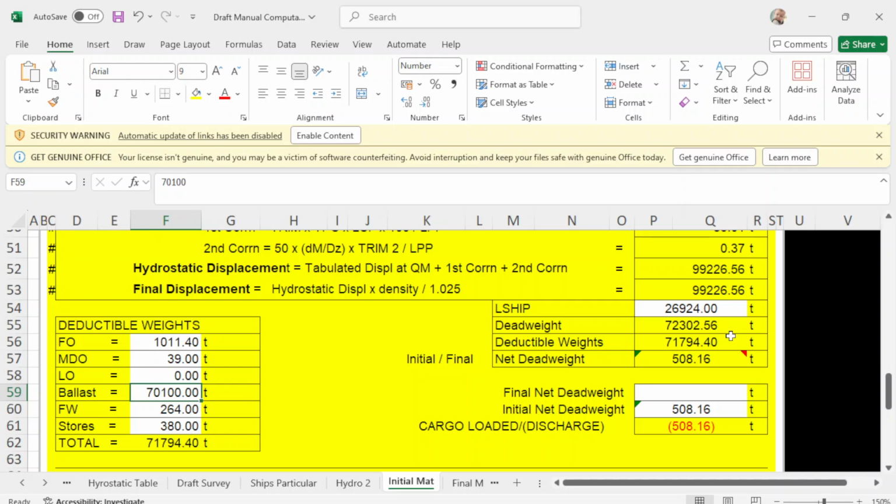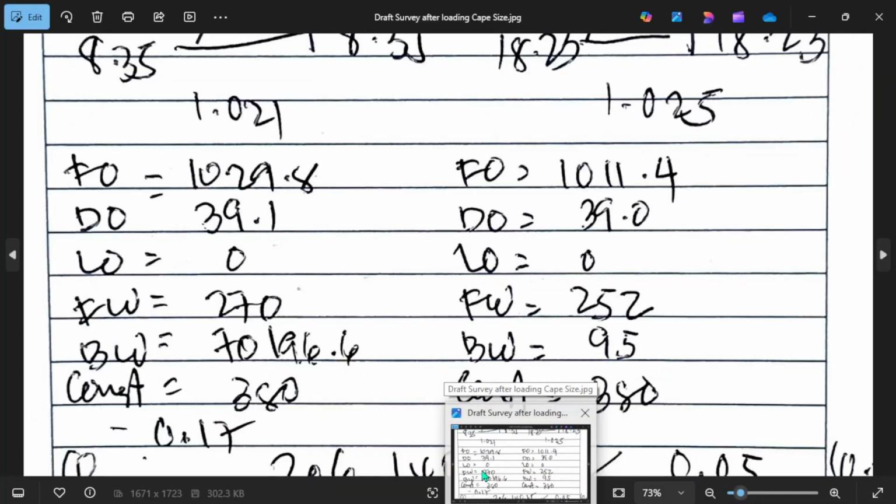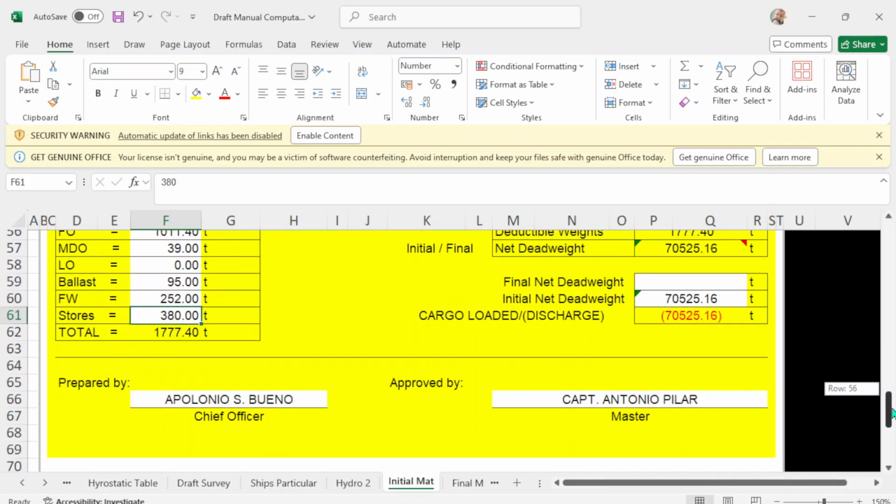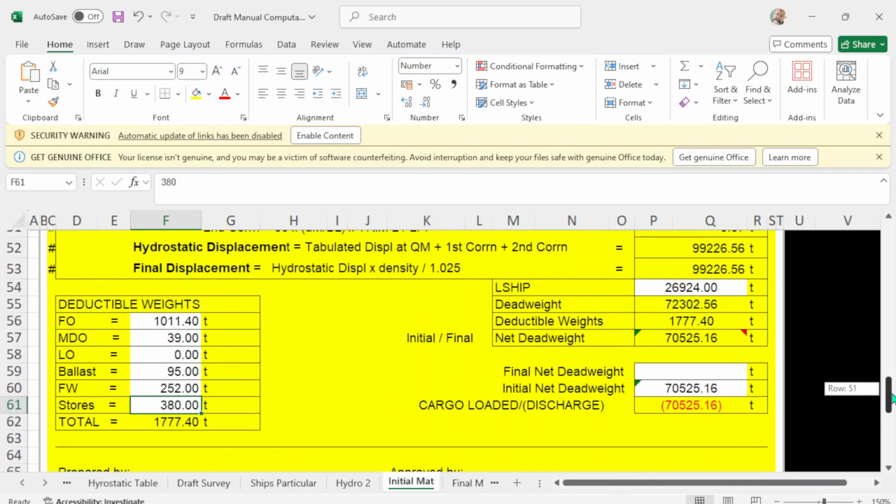Okay, put there 95. And your freshwater is how much? 252. And your stores or constant is 380.